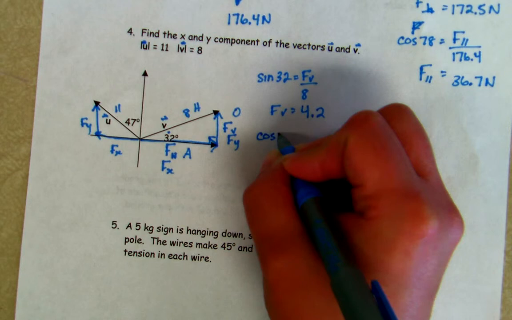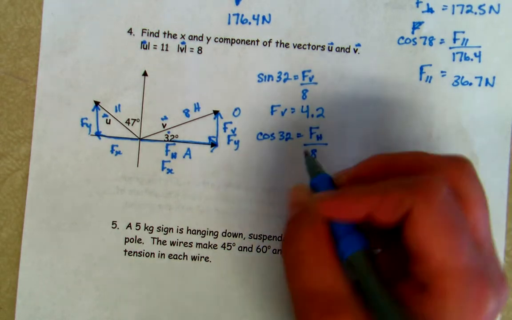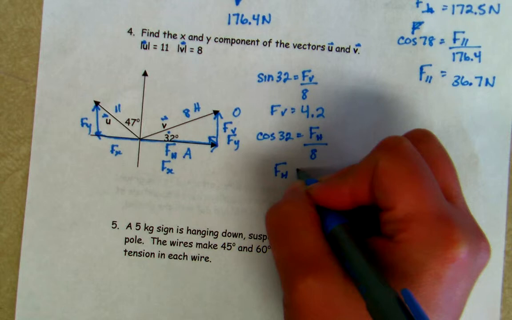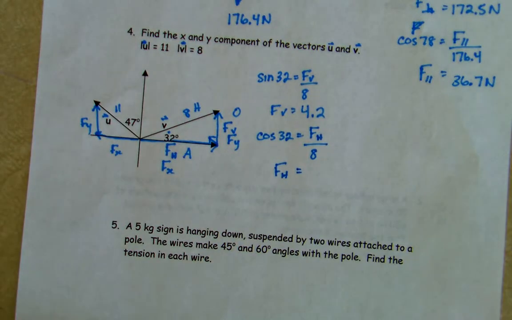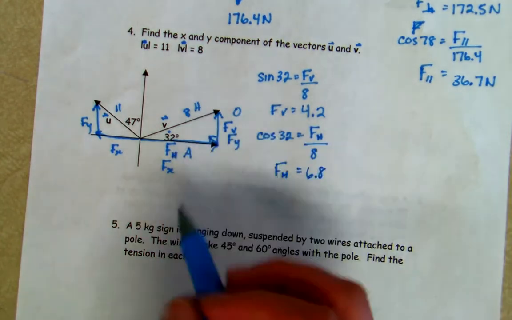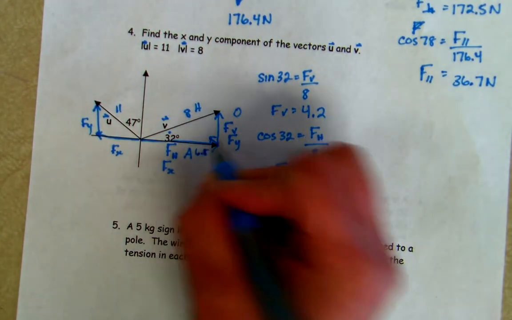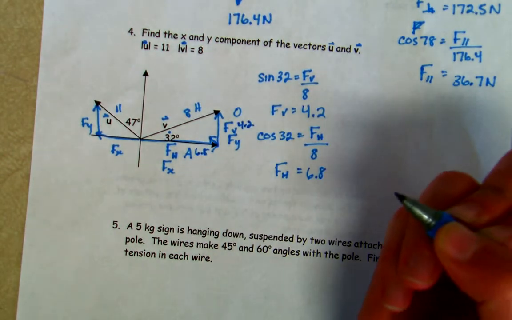And then cos of 32 is going to be force horizontal over 8. So the horizontal force is going to be 8 times cos 32, which is 6.8. So now the x and y components are going to be 6.8 and 4.2 on that side.